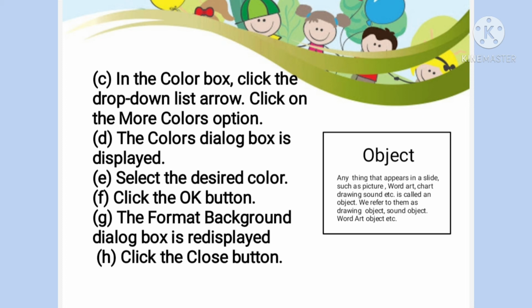F. Click on the OK button. G. The Format Background dialog box is displayed. H. Click the Close button. These are the steps which we have to follow to change the background color of the slide.